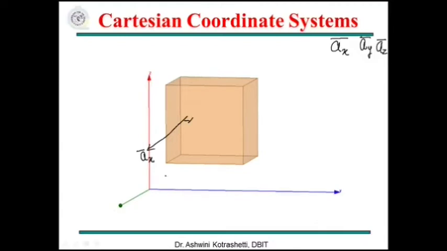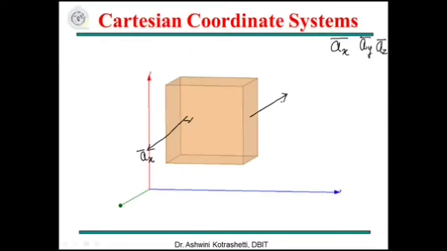I repeat this once again. If I draw a vector which is normal to the front face, making 90 degrees with it and moving outward in the direction of the positive x axis, then it is termed ax bar.